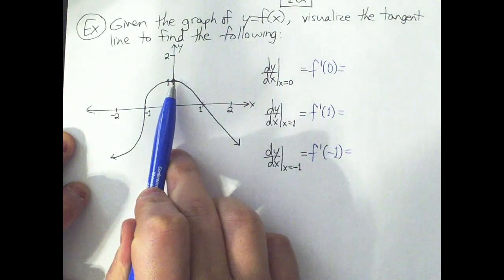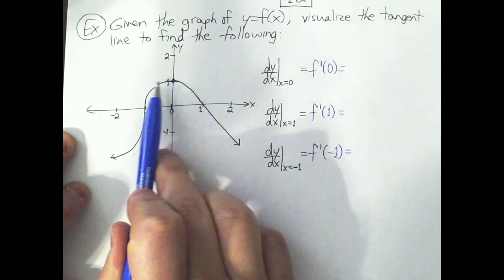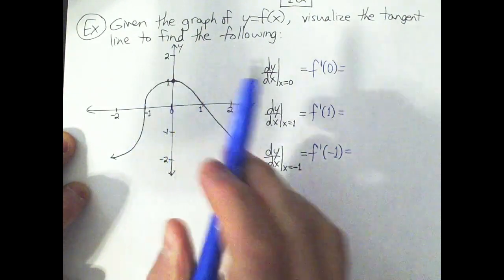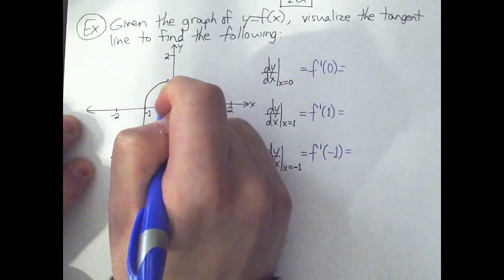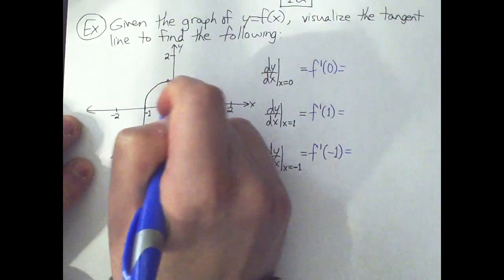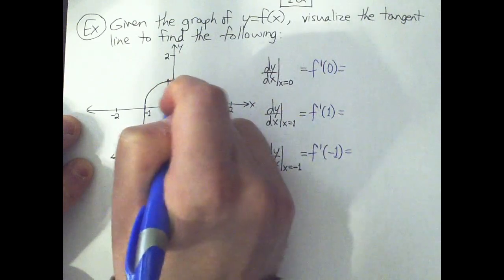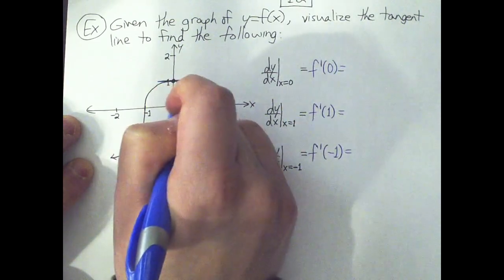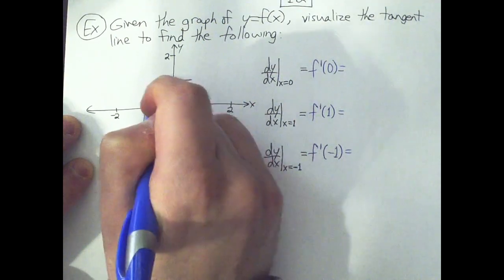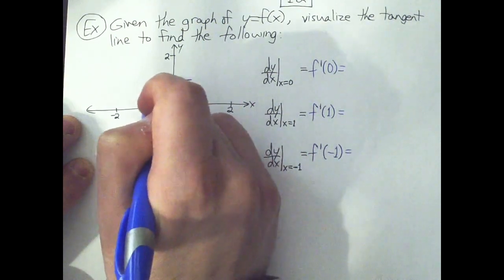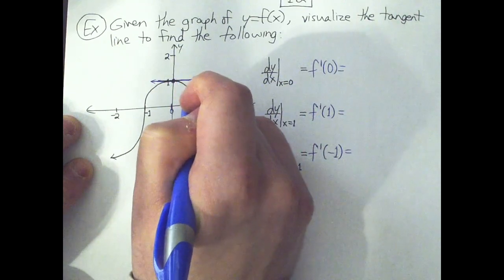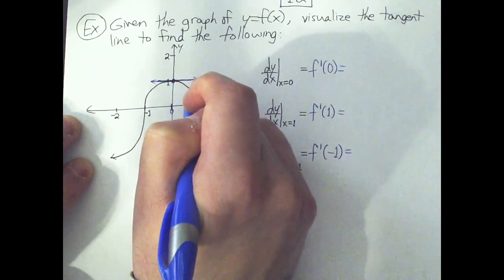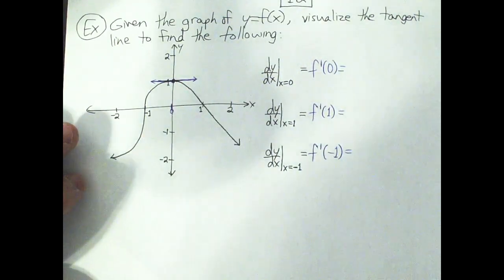Now remember, the tangent line is supposed to kind of just graze the curve at that one point, following the same sort of trajectory or curvature or steepness. I think that here it actually looks pretty flat. Like I wouldn't really draw this line going upward or downward. I think we're kind of at the top of this hill, kind of balancing. Maybe the tangent line looks something like that.